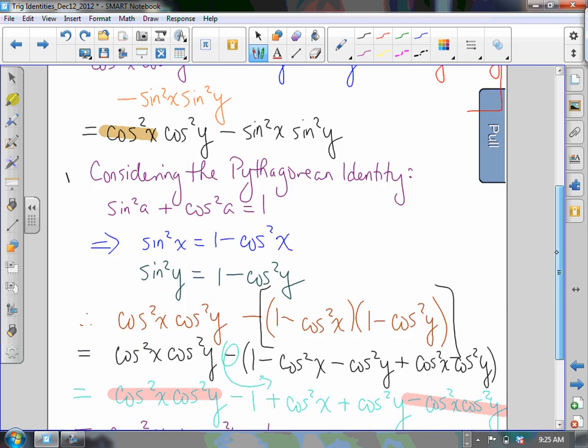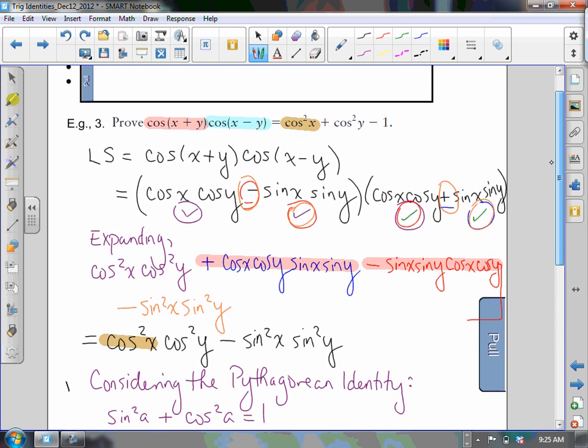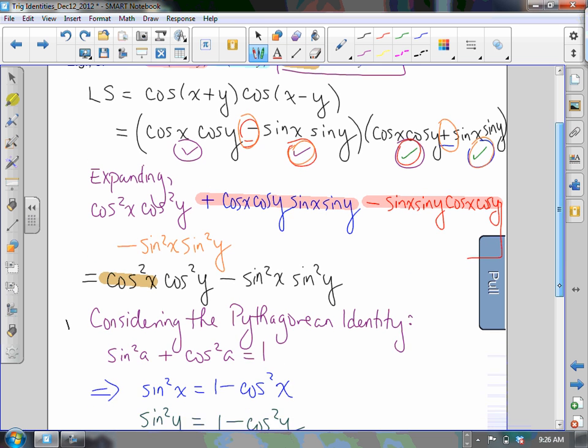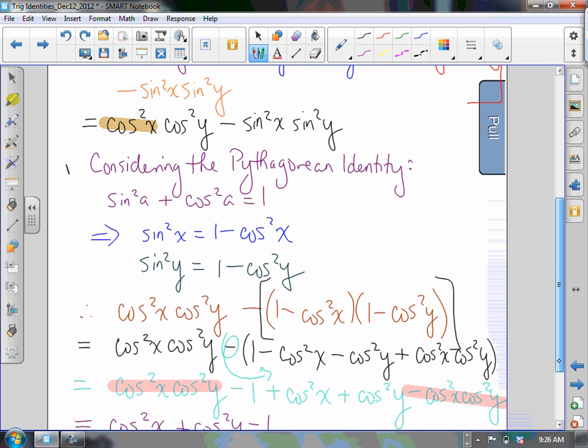Again, good news, if you look back to the top, the right-hand side of the expression is exactly what we've come up with here at the bottom, the simplification of the left-hand side.